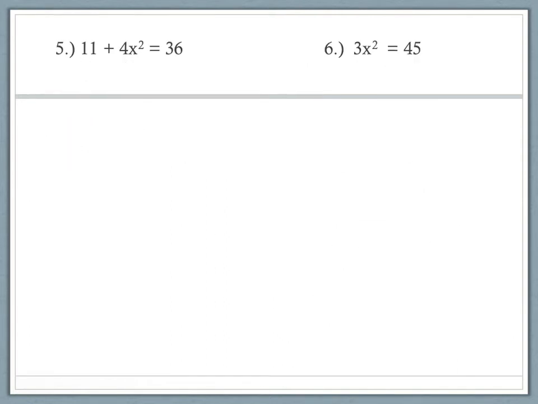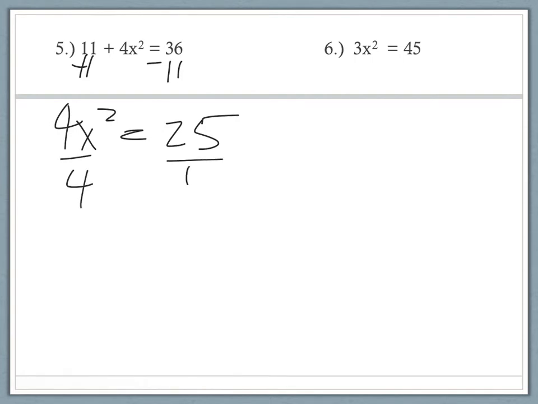All right, we got 2 more left. So let's go ahead and take a look. We'll subtract 11 from both sides. So I have 4x squared equals, that's going to be 25. Okay. Divide both sides by 4. Okay, so x squared. Now if I look at this, I can't divide 25 by 4. That's okay.